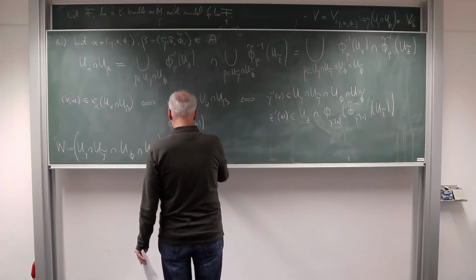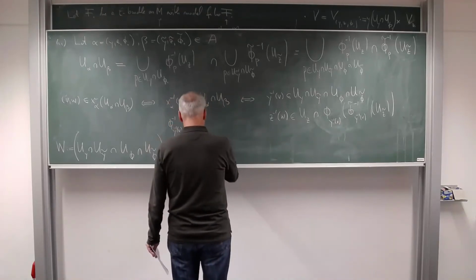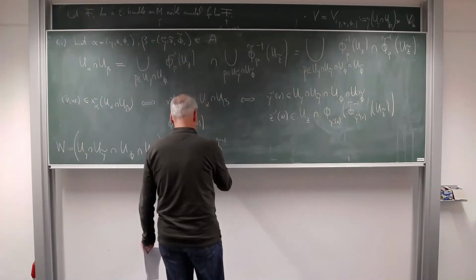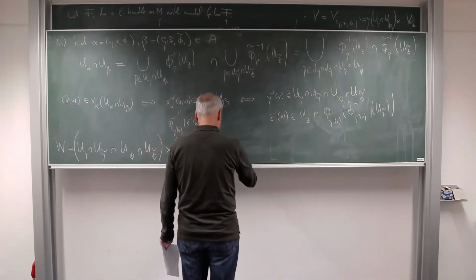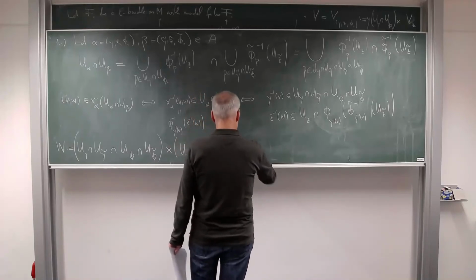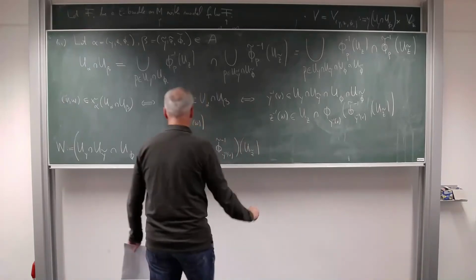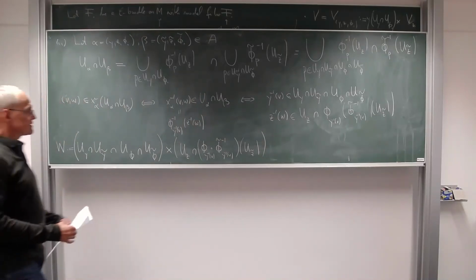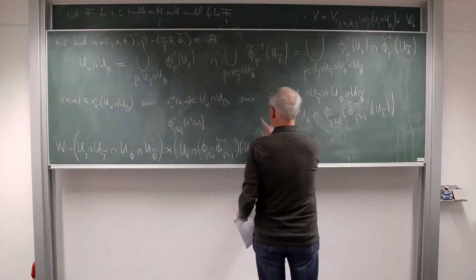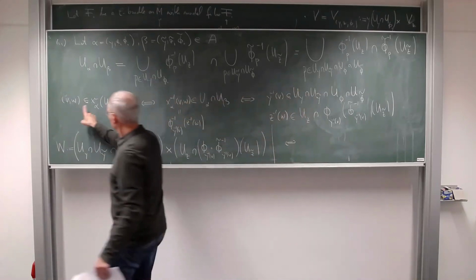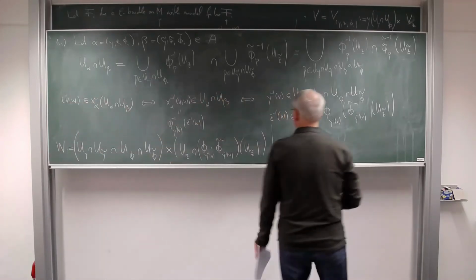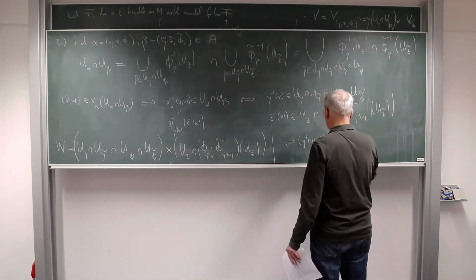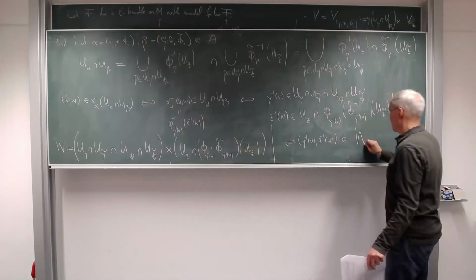So cross u z intersect, and here I have the transition map between the two local trivializations, applied to u z tilde. So let me give this a name. So the condition with this terminology, right? The condition that v, w is in the set that I'm interested in is to say that the element y to the minus 1 of v, comma z to the minus 1 of w is contained in this set.